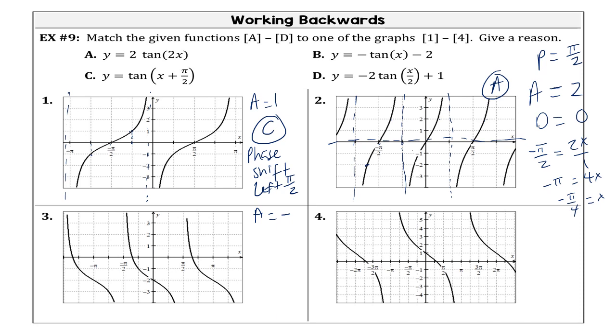So A equals negative, and now we're going to determine our D and our A. Our midline is now at -2. So that means that D equals -2.